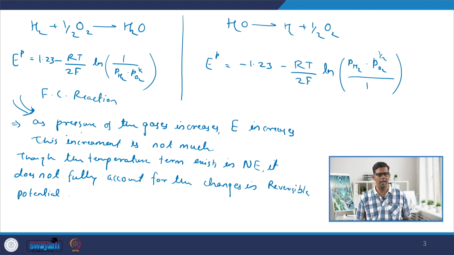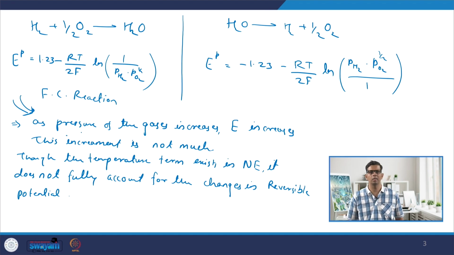Products are our gases, so the activity is the pressure of hydrogen multiplied by the pressure of oxygen raised to half. The half comes because half a mole of oxygen gets evolved, and this 1.23, as we have seen, is the reversible cell potential of the fuel cell or the electrolysis at standard temperature and pressure conditions.